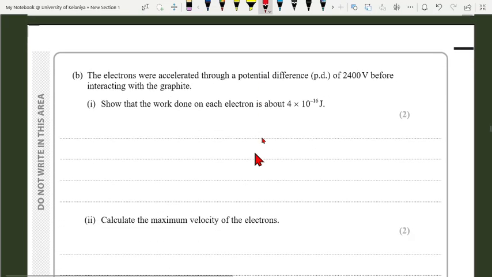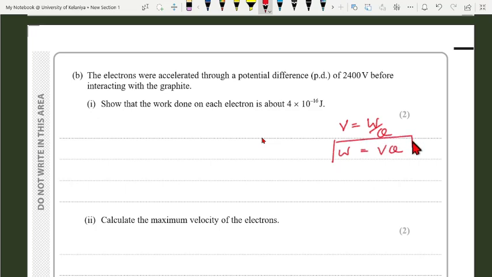In part B, they say the electrons were accelerated through a potential difference of 2400 volts before interacting with graphite. Show that work done on each electron is about 4 times 10 to the power minus 16. Right. I hope you remember this equation. V equals W over Q, or we write it as W equals VQ.